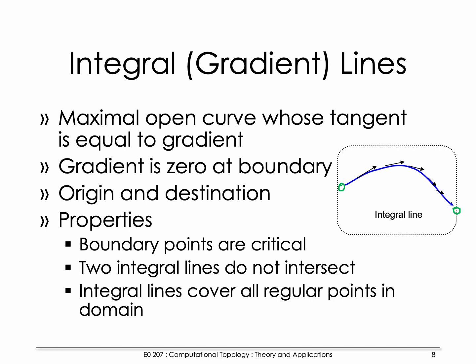So two integral lines can never intersect. And another interesting property is that the collection of all integral lines will cover all the regular points in the domain. This is also easy to see. So we want to now use these properties to define different partitions of our domain.